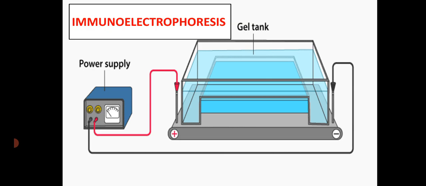All these techniques, whether it is agarose gel electrophoresis or immunoelectrophoresis, are basically used to separate two immiscible liquids, or you can say two particles. They are used as a separation technique, and also whenever you want to purify any particle, this application can be implemented in purification techniques.